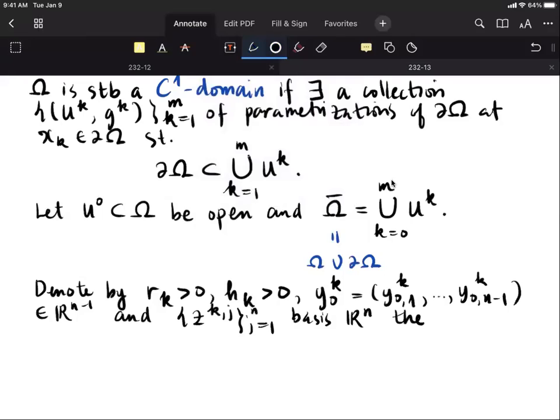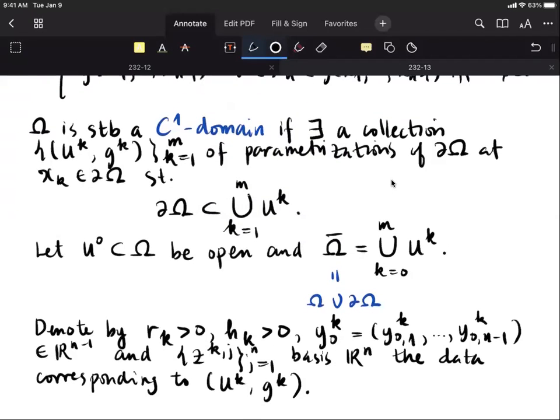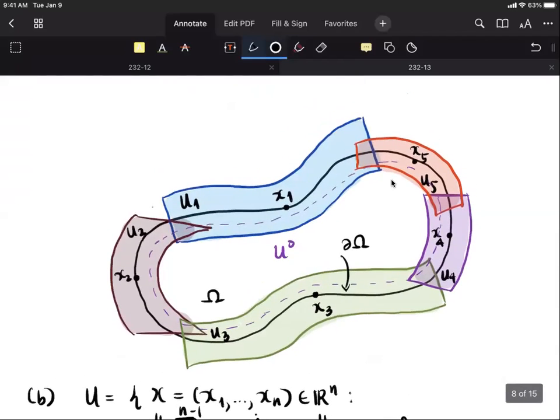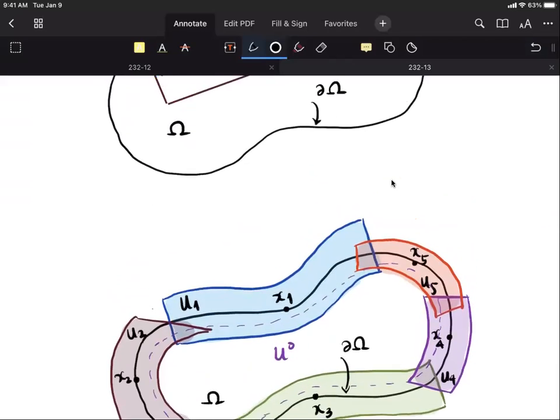So suppose that these are the data corresponding to your parameterization. So you can have different R. Think of R, or more precisely 2R, as the width, and H as the height.